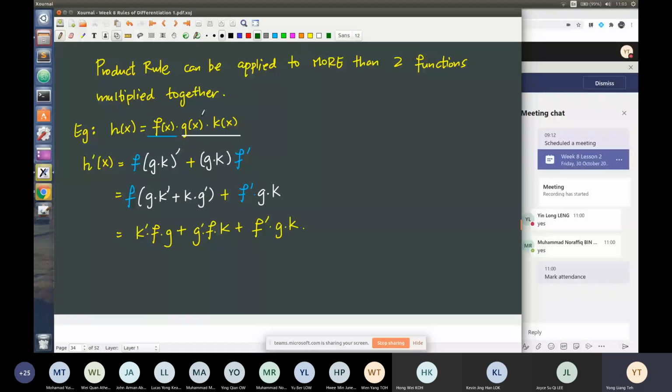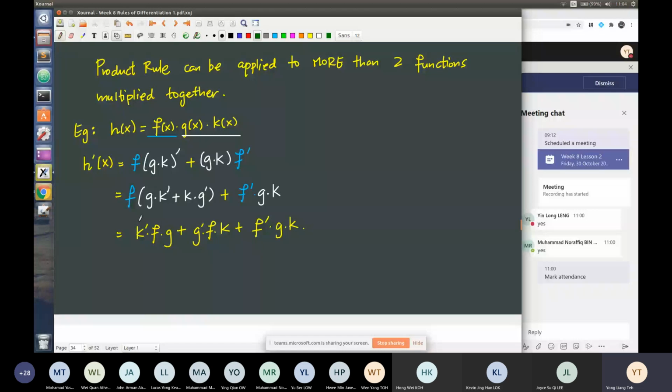And then subsequently, you apply the product rule again to this g times k. Differentiating g times k requires applying the product rule again. So it's actually product rule once and then product rule twice. Then you get this expression here, which represents the summation of these 3 functions multiplied together, whereby each term takes one function and differentiates it.